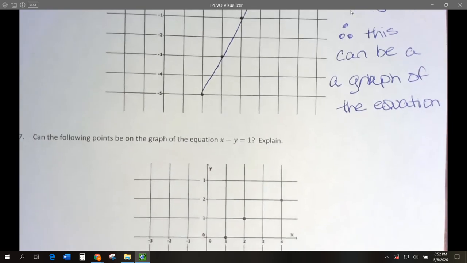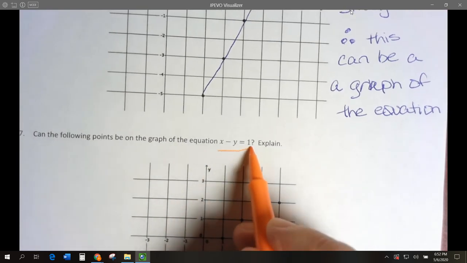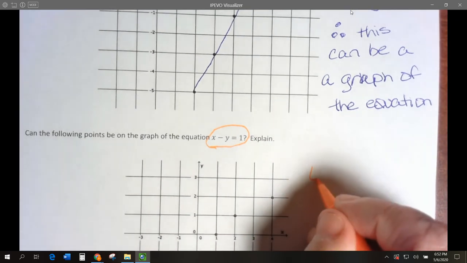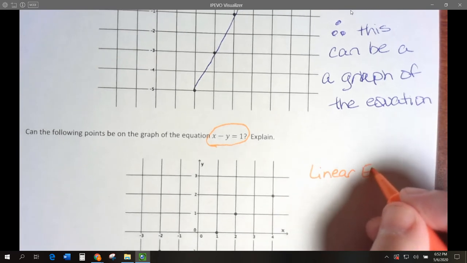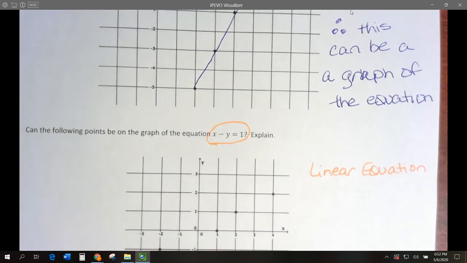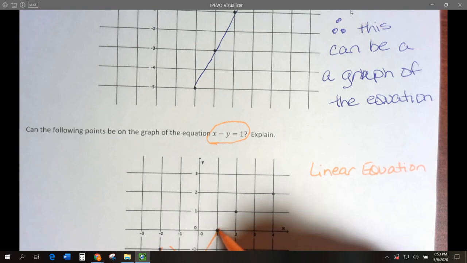And our last one, number 7. Is this a linear equation? Yes, it is. It's a linear equation. So let's connect our points. We have a point here, a point here, a point here, a point here, a point here, and a point here.